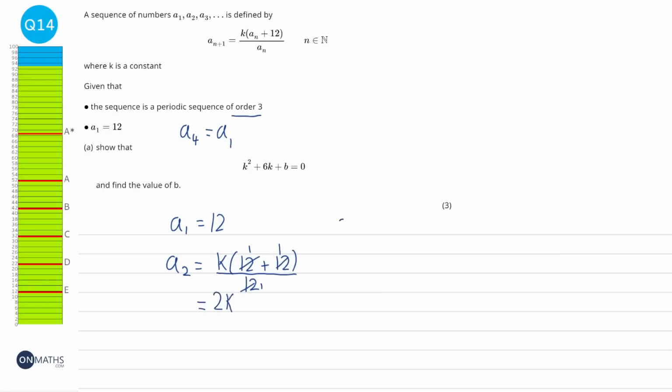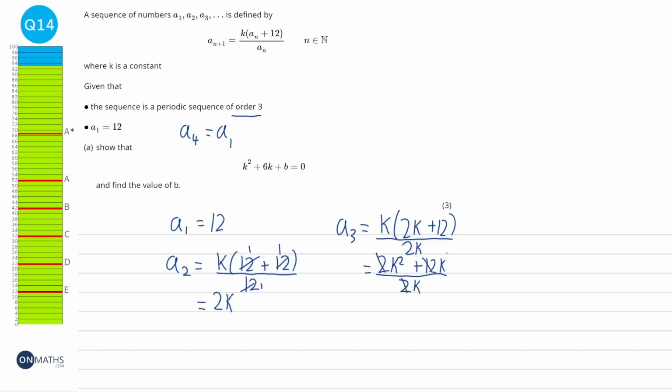Okay, next we're going to find A3. And I'd probably work downwards, but I'm trying to keep everything on the page just to make it a bit easier to follow. So we're going to have k, and we're going to substitute in that 2k plus 12, then all of that over 2k. And so we can expand the top, so it would be 2k squared plus 12k over 2k.